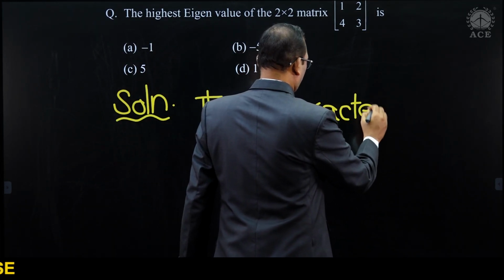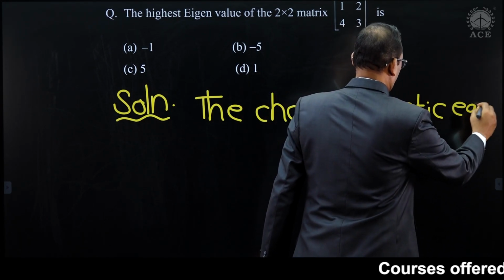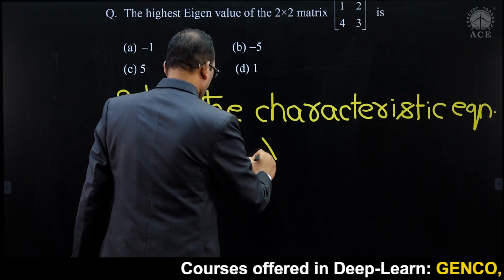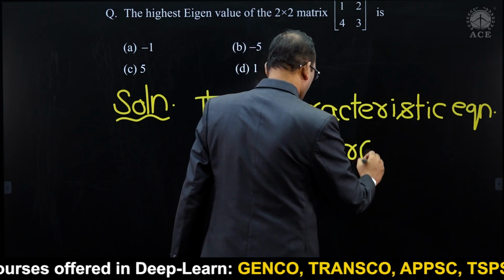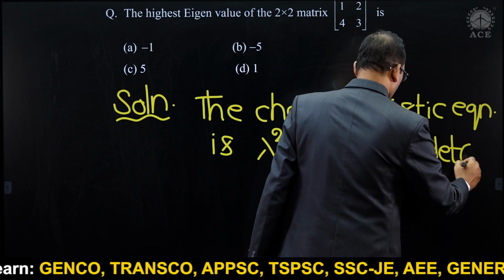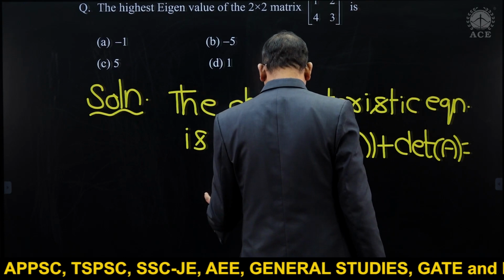The characteristic equation is lambda square minus lambda into trace A plus det A is equal to 0. It is not mandatory to use this formula.